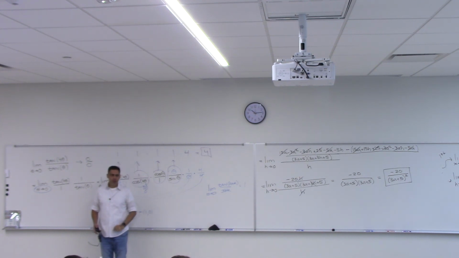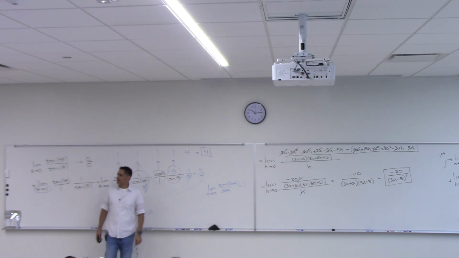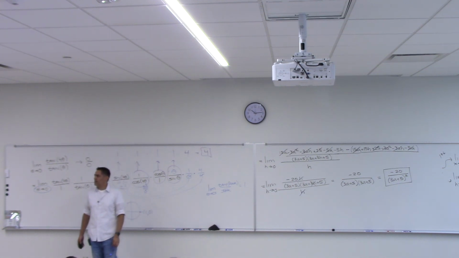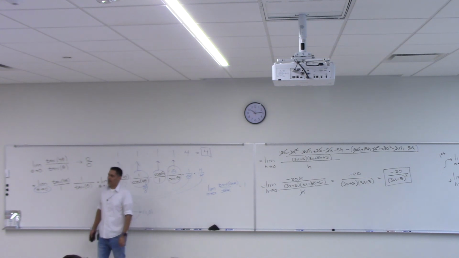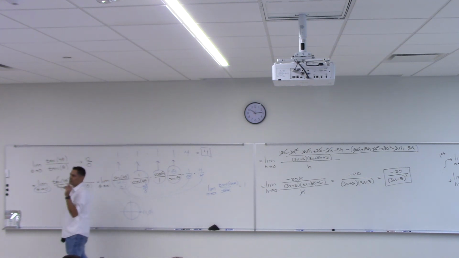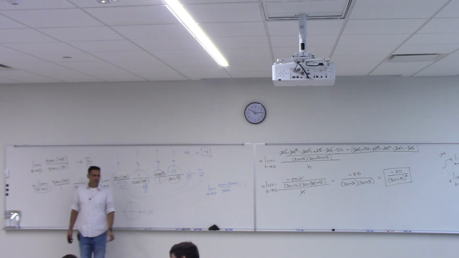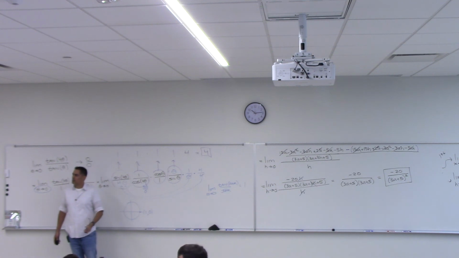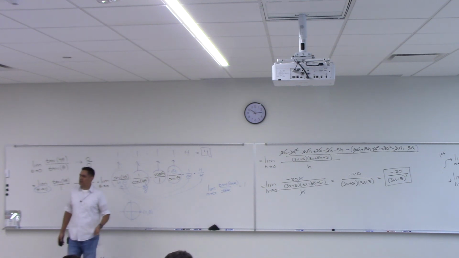You have to figure out which one it is. Number 9, same scenario. If you let x go to negative 2, your top is fixed, your bottom's headed to 0. You've got to figure out what's happening. It's either infinity, negative infinity, or does not exist. So 8 and 9 are pretty much the same sort of problems, right?